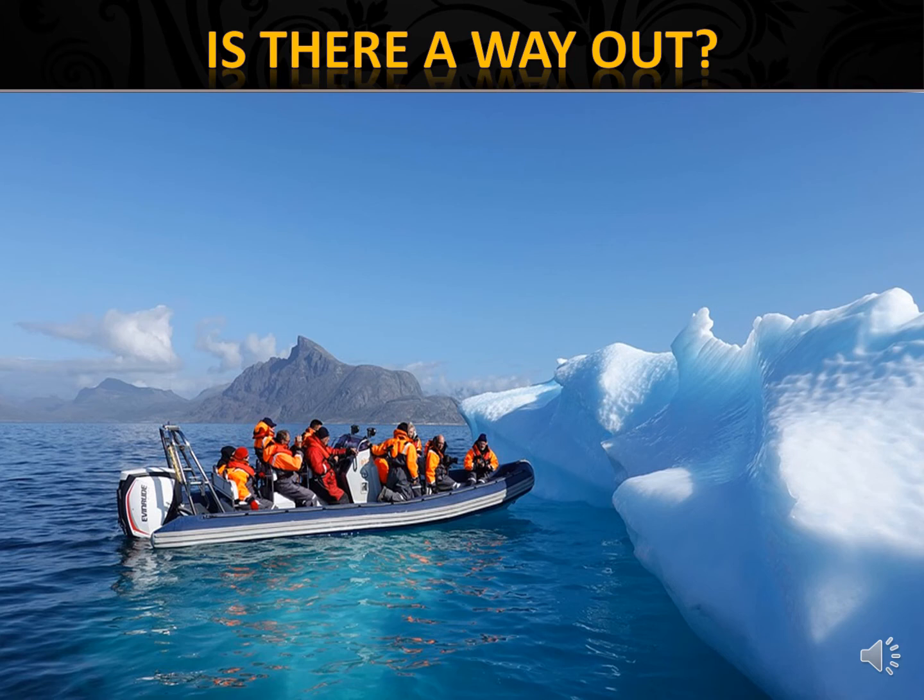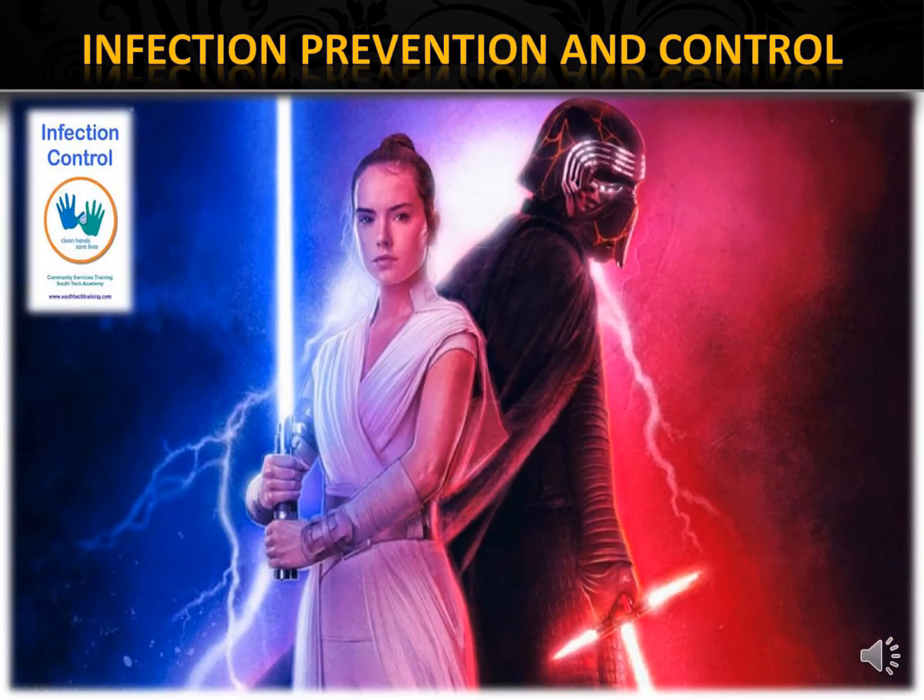What do you think about this? Yes, of course, there is a way out in this situation, and this way out is infection prevention and control. And the victory will be yours.